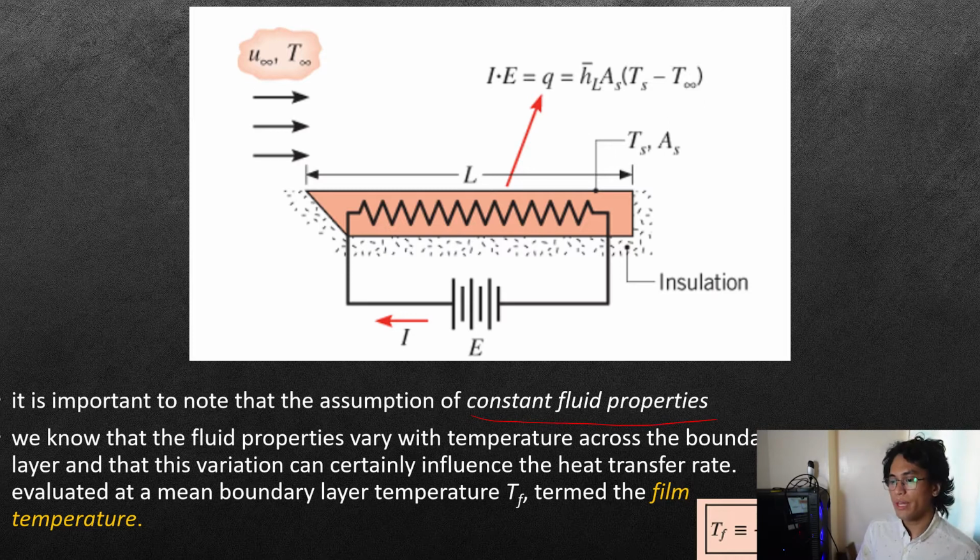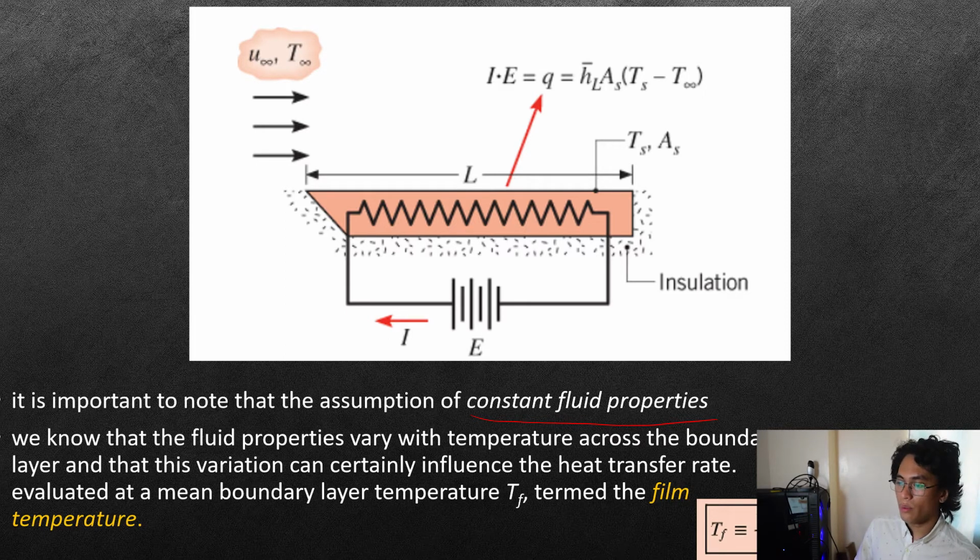It is assumed that the fluid properties do not change across the plate, and what we can do there, since we know that there is certainly a variation across the boundary layer, and this may influence the different thermodynamic properties or the different Prandtl numbers and Reynolds number that you may compute.